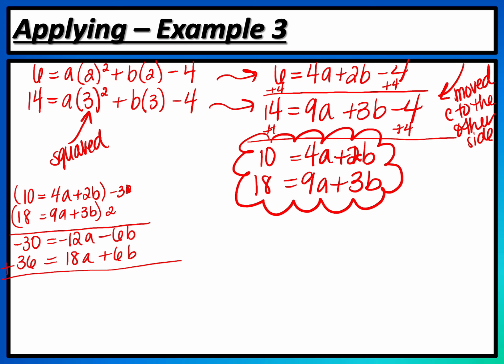So when I add my 2 equations together, those will cancel. I'll get 6a equals 6. Okay, so we have a equals 1, but remember we also need the b value. So I'll take a equals 1 and plug it back into an equation.